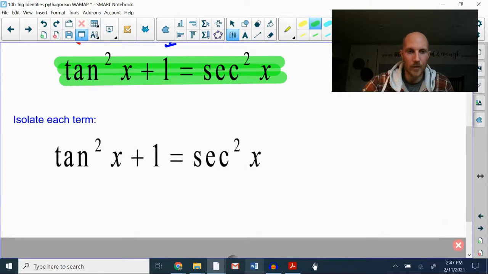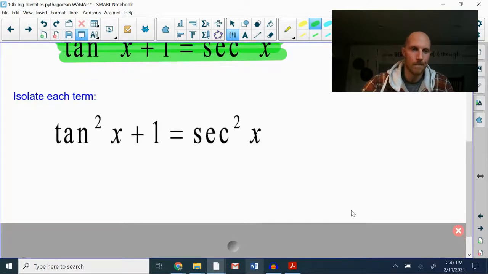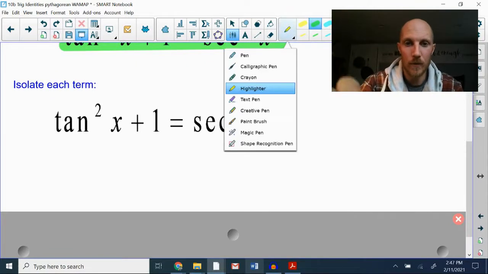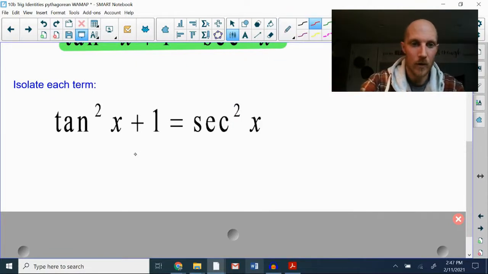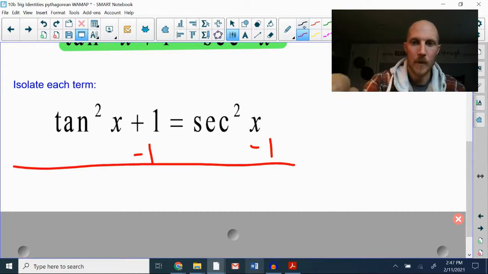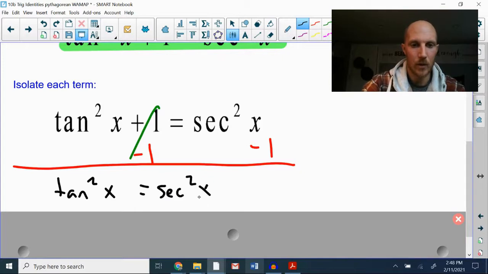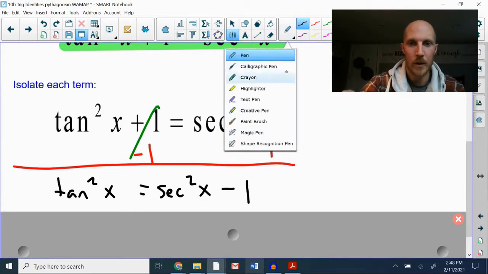So isolate each term. Let's do tangent squared of x first. So I can subtract 1. These ones cancel. Tangent squared of x equals secant squared of x minus 1.